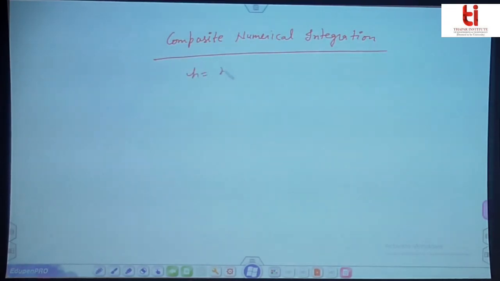That is the length of the interval. When h is large, that means b minus a is large. Then the error will be what?